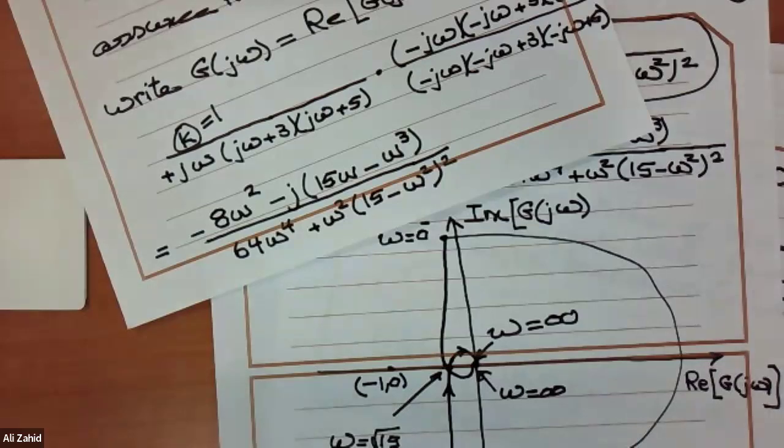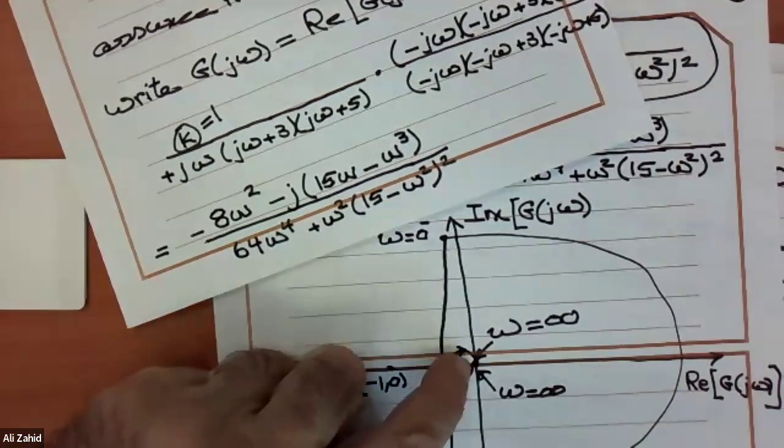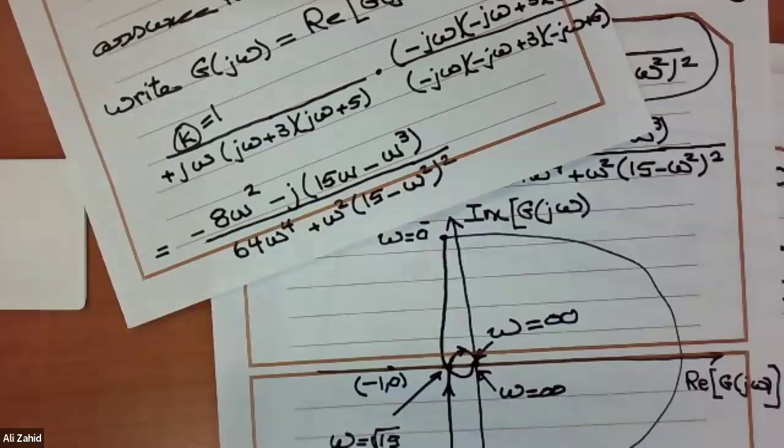If you increase omega beyond square root of 15, the phase angle will become lower than minus 180. Lower means more negative, eventually reaching minus 270.